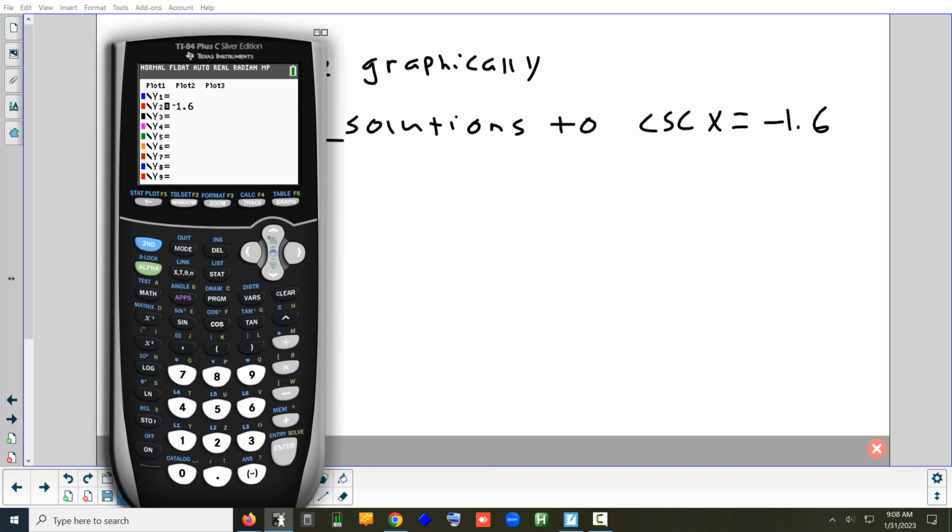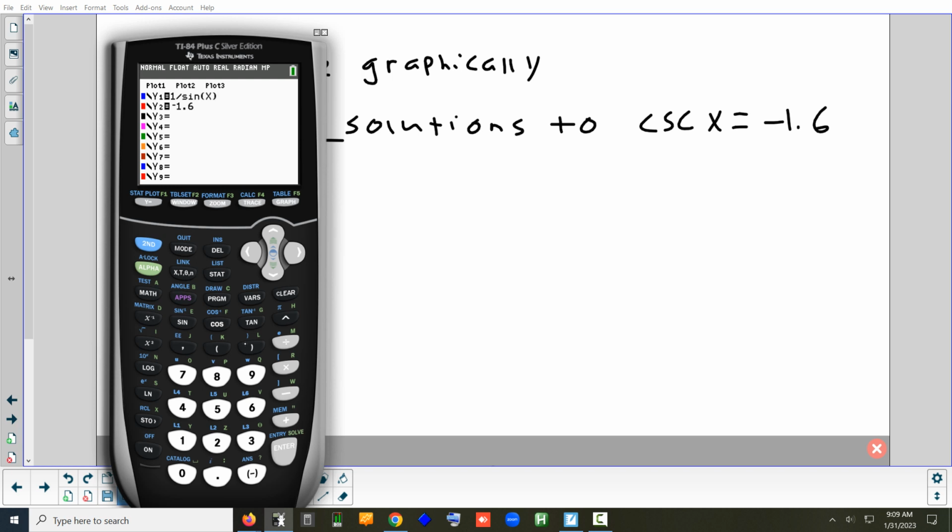You put 1 over sine x. So what's on the left is y1, what's on the right I put in y2. The point is, you're going to put something on one side in y1 and put the thing that's on the other side in y2.